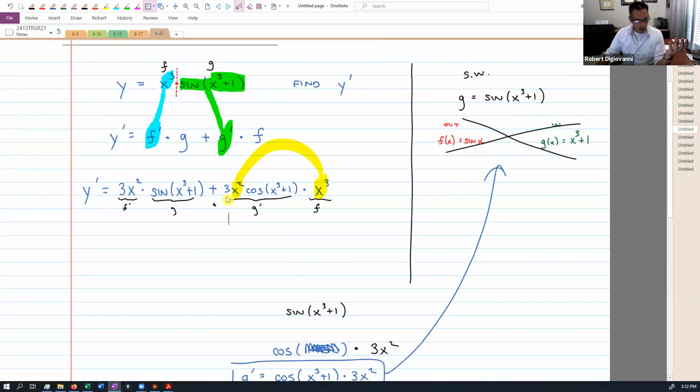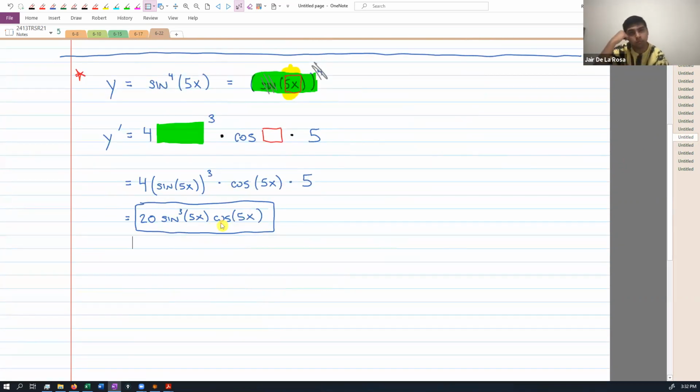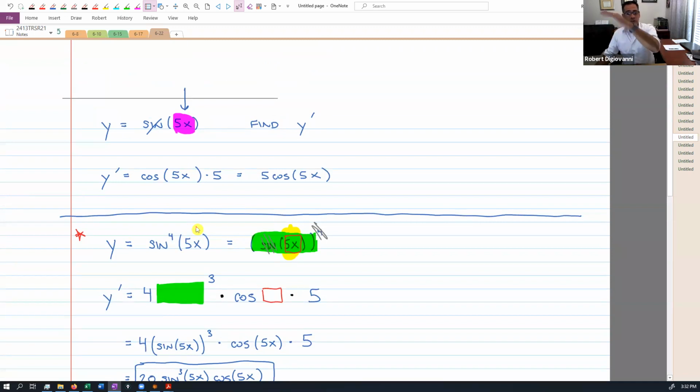There's never a y in any of these answers. That's because the original curves we were looking at are functions, which means if we want to know the slope of the tangent line, all we ever needed to know was the x it came from. Give me the x and I'll give you the slope of the tangent line.